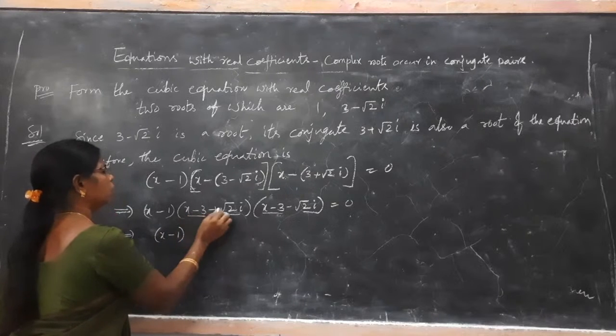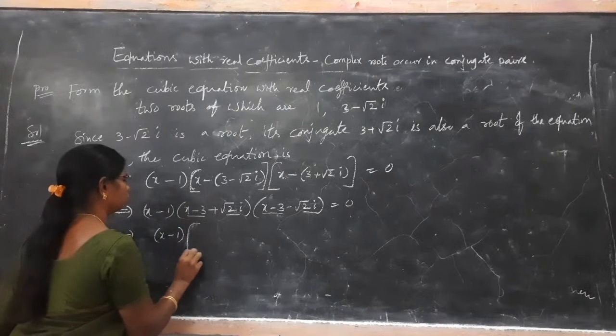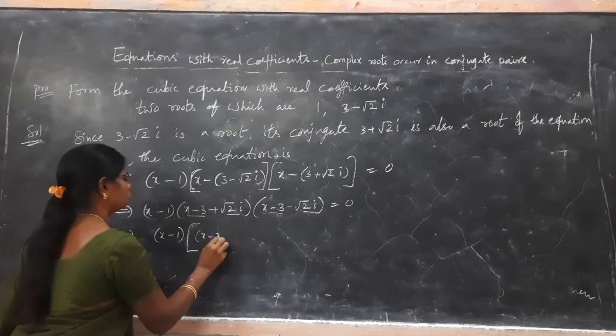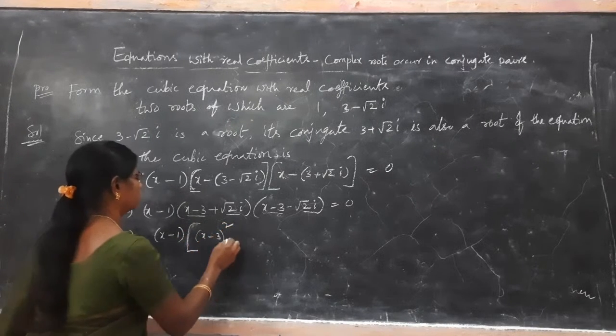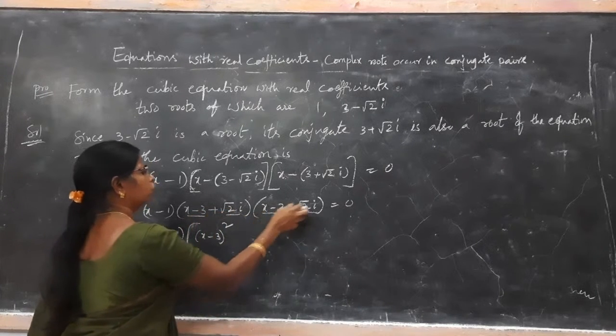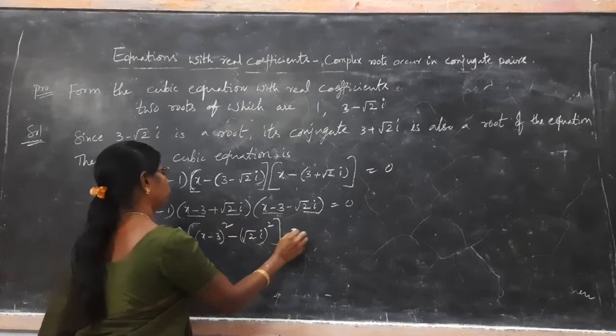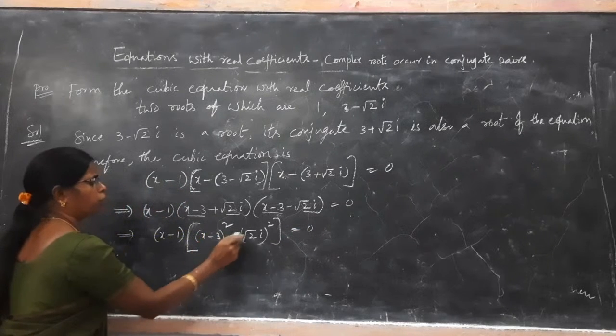Okay, see, this is a plus b into a minus b, which is a square minus b square. So x minus 3 whole square minus root 2i whole square is equal to 0.